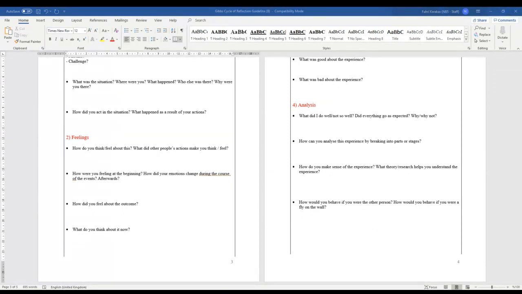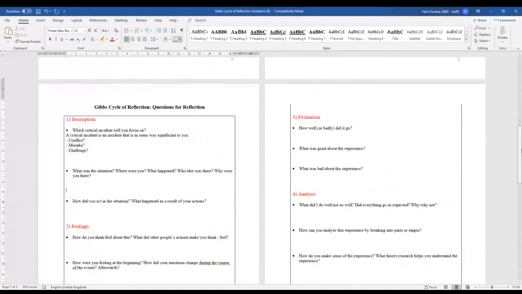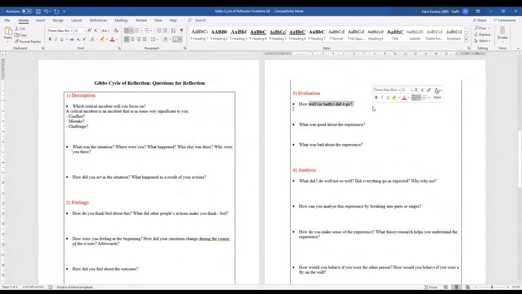Let's continue with the next part. Evaluation. How well or how badly did it go? What was good about the experience? What was bad about the experience? You can use bullet points again.